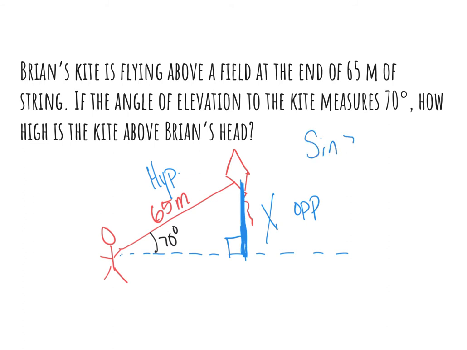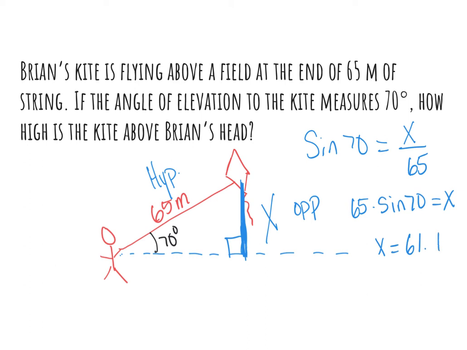So sine of 70 degrees equals opposite over hypotenuse. I'm going to solve for x, and then I'm going to see what I get in my calculator. So 65 times sine of 70. And I get approximately 61.1.